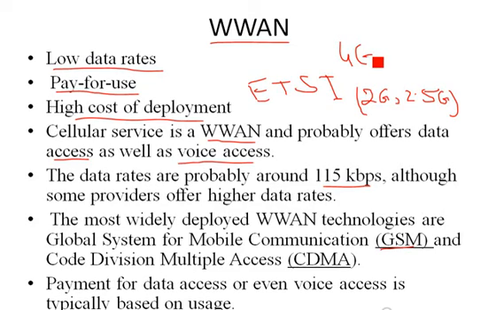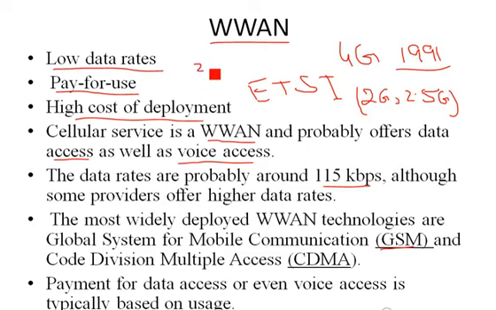GSM was first deployed in Finland in July 1991. As of 2014, it had become the default global standard for mobile communication with over 90% market share.